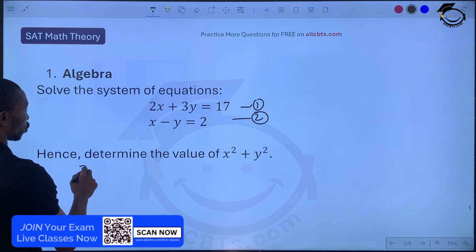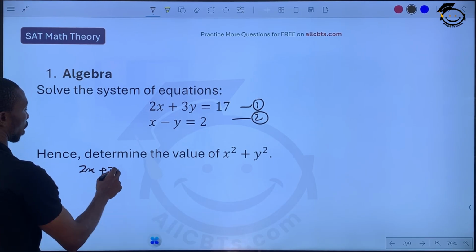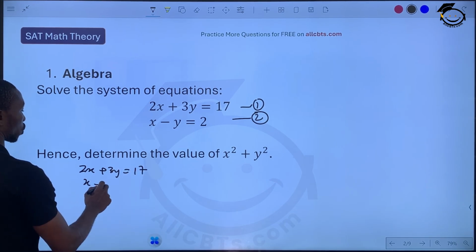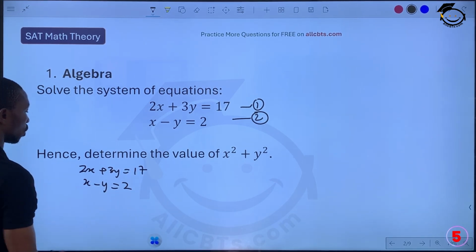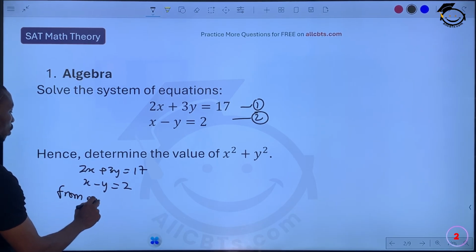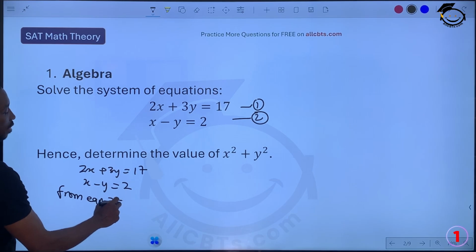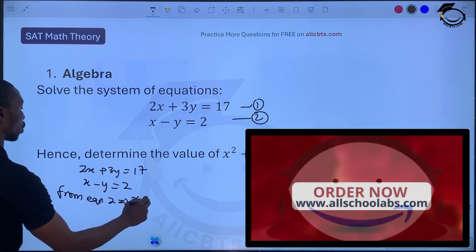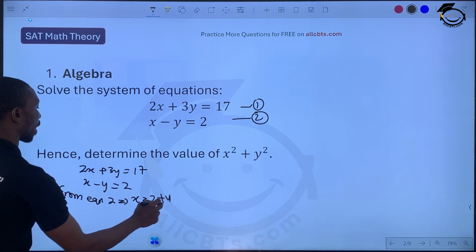We have 2x plus 3y equals 17 and x minus y equals 2. So from equation 2, let's make x the subject of the formula. We have x equals 2 plus y.